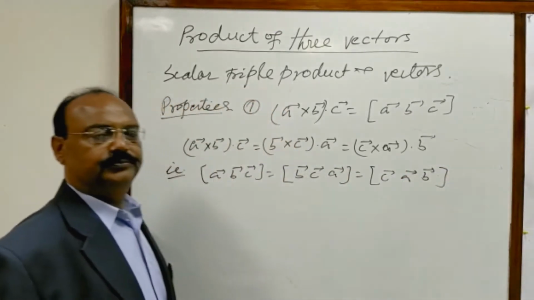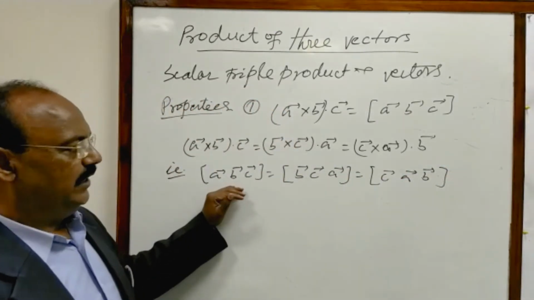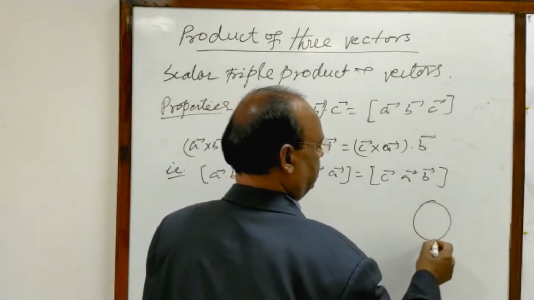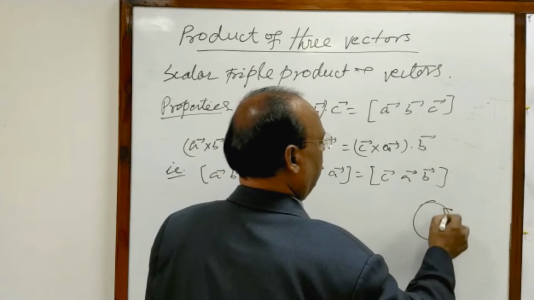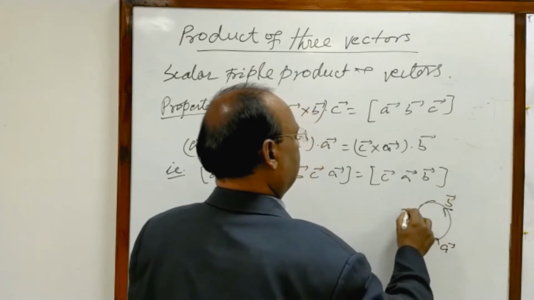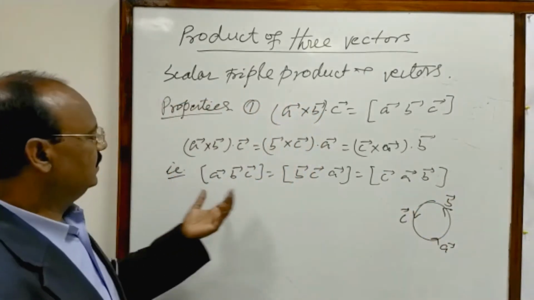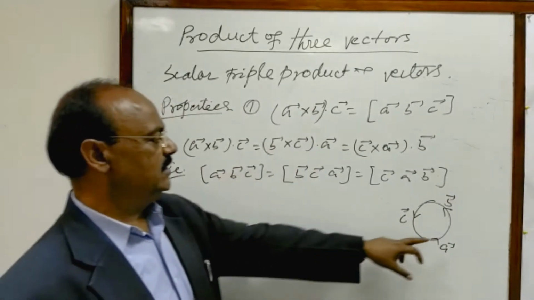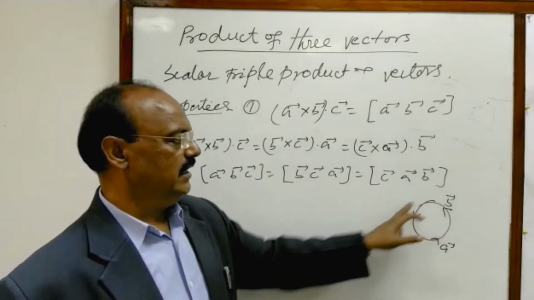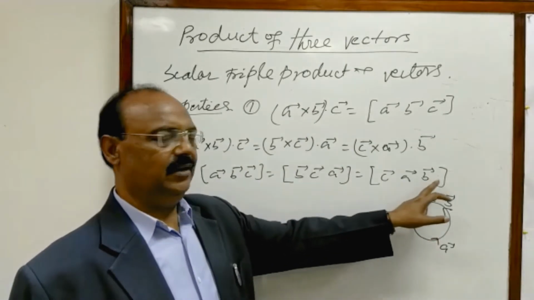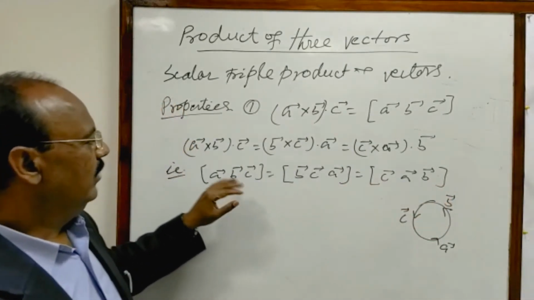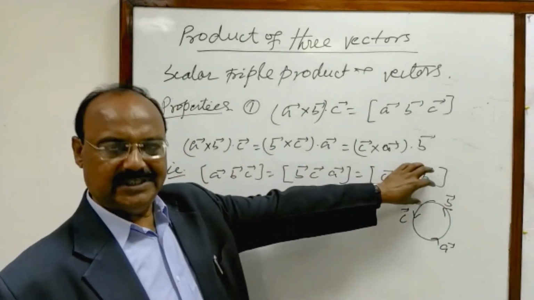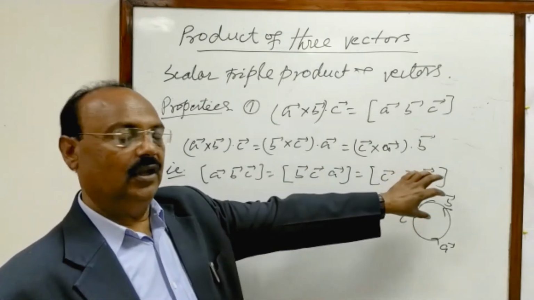What does it show? If vectors are placed in a cyclic order, suppose here vector A, here vector B and here vector C, you see the cyclic order is being maintained here. This is ABC, this is BCA and this is CAB. So in this case, the value of all these three scalar triple products will be the same.